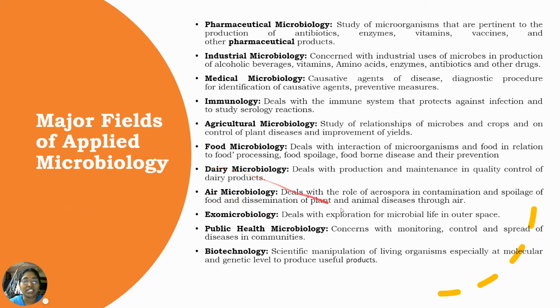We will study the scientific manipulation. As we are saying we are applying the technology, that means naturally something is there, and we are doing some modifications by applying the technology. This is the scientific manipulation of living organisms, not restricted to any one living organism.